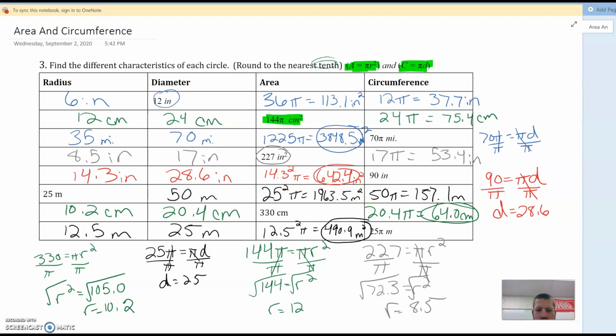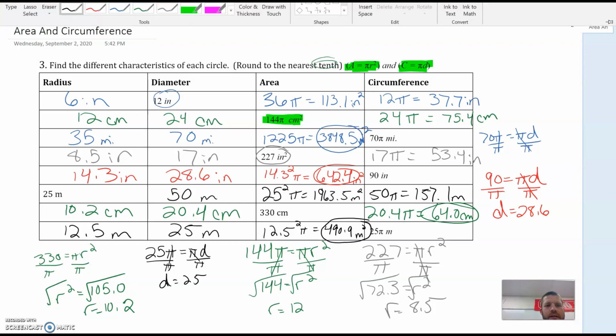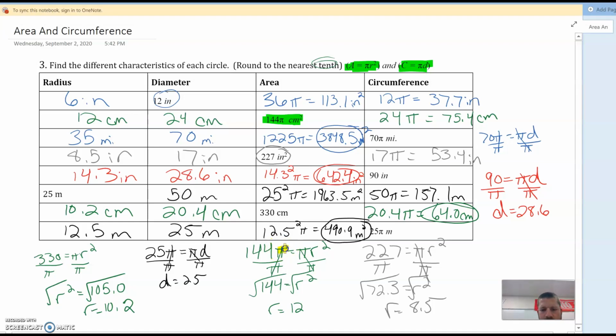The biggest thing is if you look down here, if there is a pi there, they cancel out on both sides. But if there's not, you physically have to divide in your calculator by that pi button. And then you can still take the square root of your answer from all of that. All right, hopefully we're good up to that point.